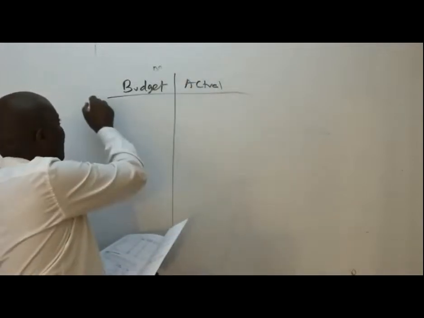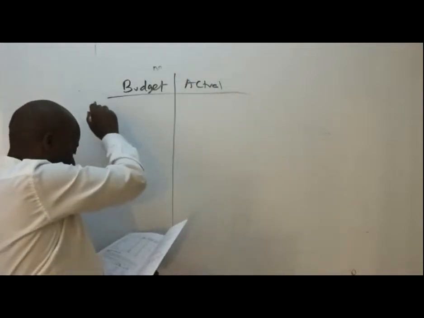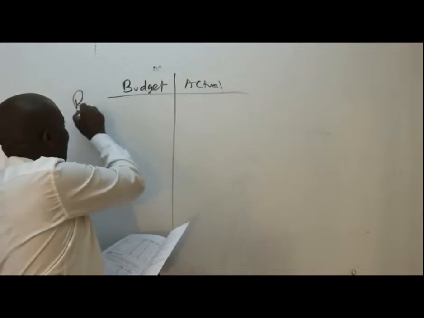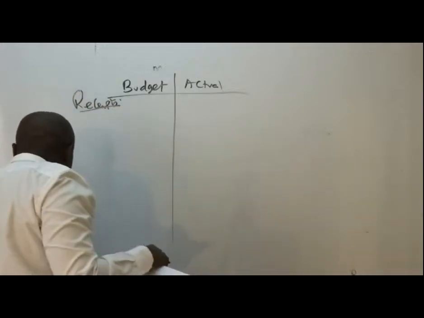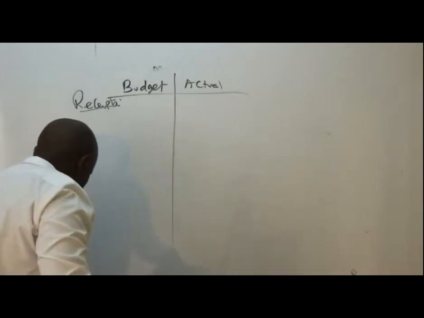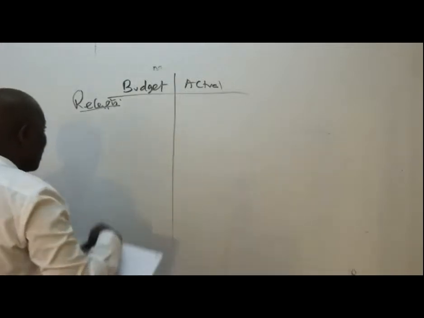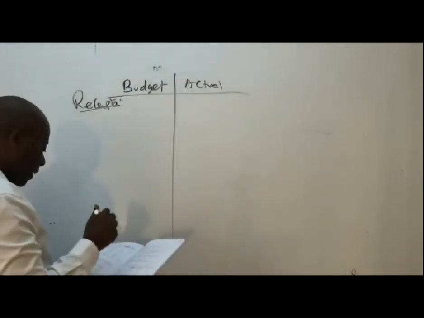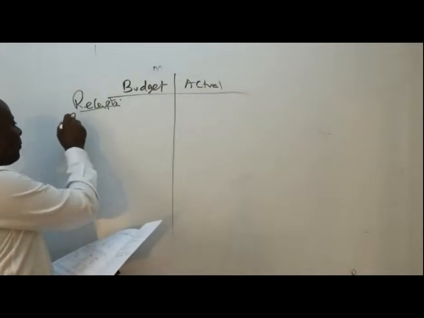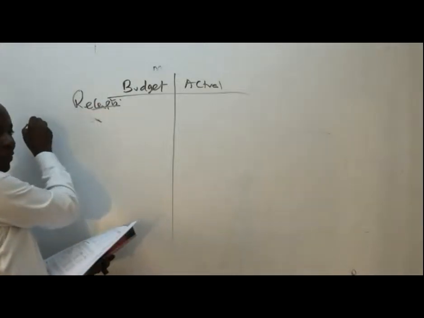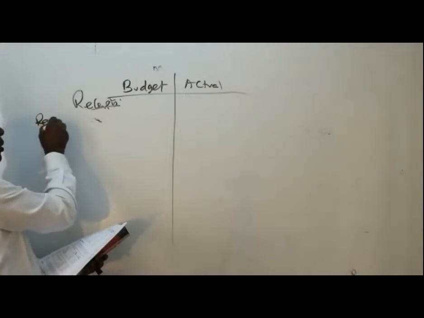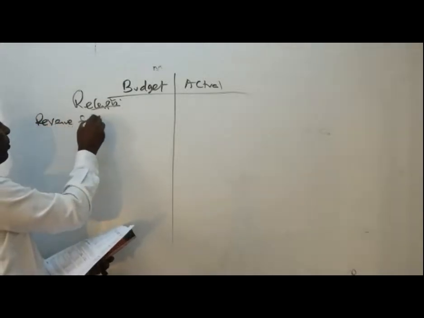So I can see receipts. So under receipts, ladies and gentlemen, I can see revenue from taxes.